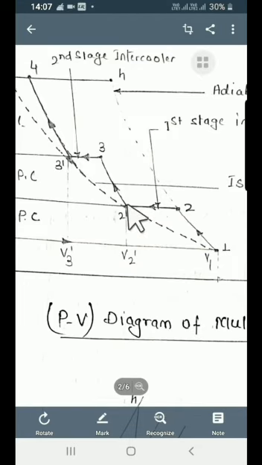The air is then admitted into the intermediate pressure cylinder, where it is compressed isentropically from 2 dash to 3. Again, the air is cooled from 3 to 3 dash in the second stage intercooler before it is admitted for the final compression in the high pressure cylinder.